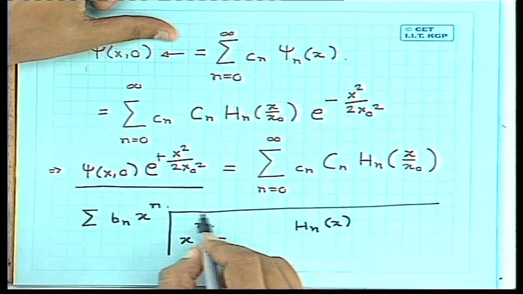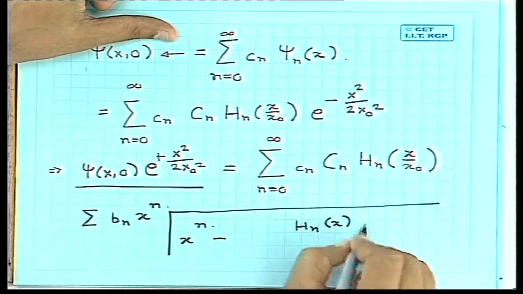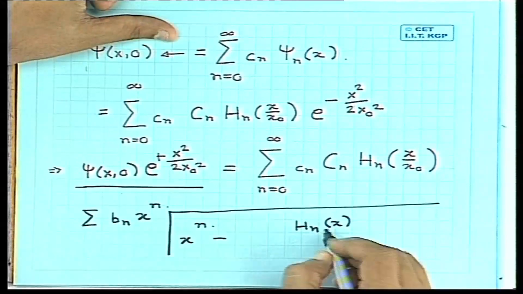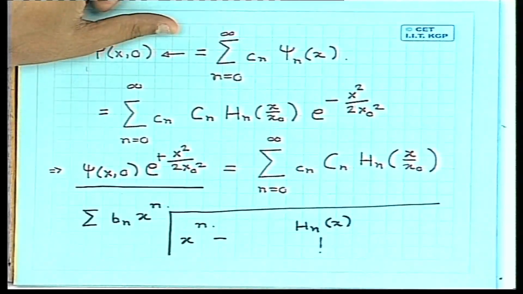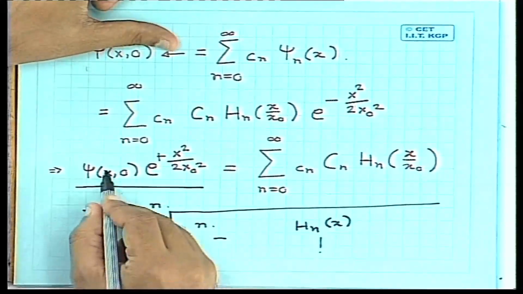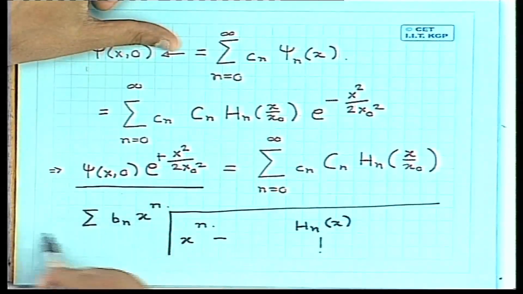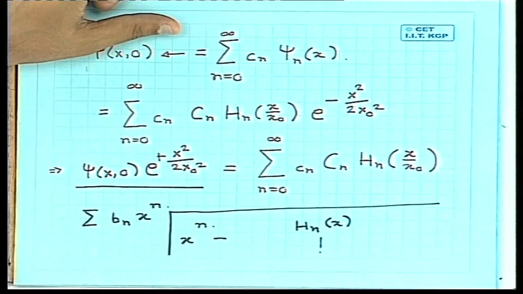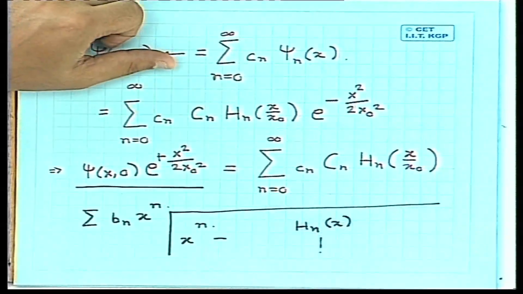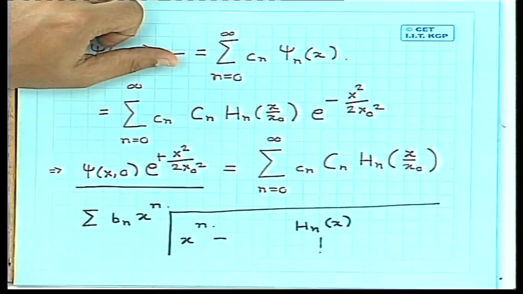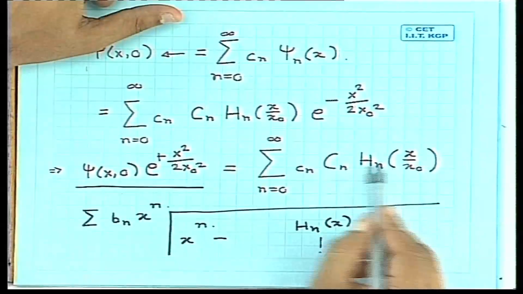So x to the power n can be expressed as a sum of Hermite polynomials at most involving H_n and lower values of n. So if this function can be expressed in a Taylor series in powers of x, it can also be expressed in terms of Hermite polynomials, because each x to the power n can be expressed in terms of Hermite polynomials.